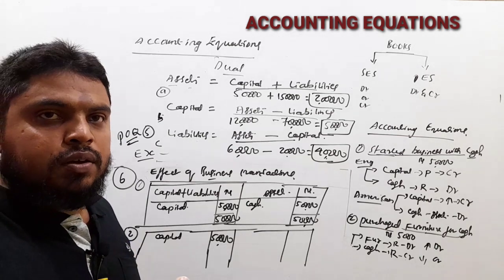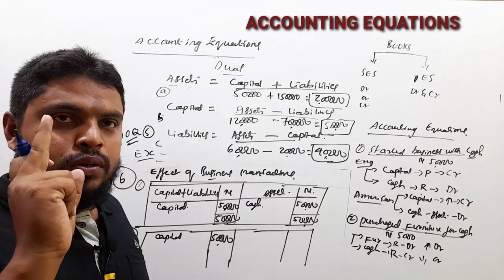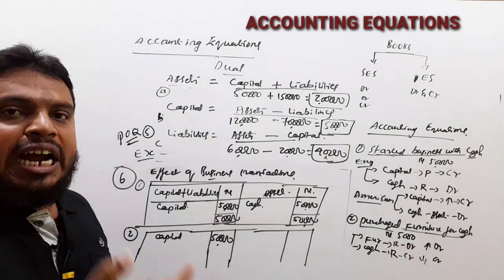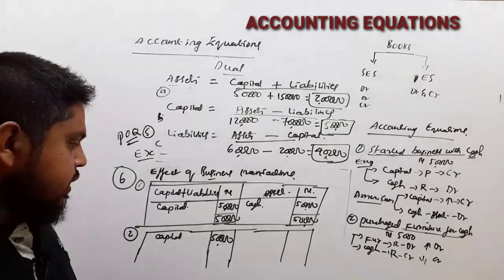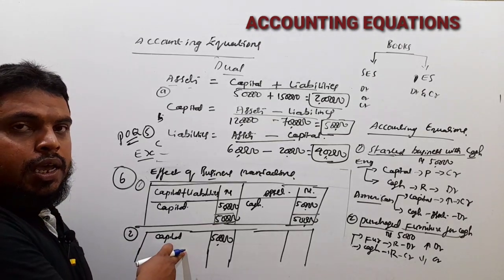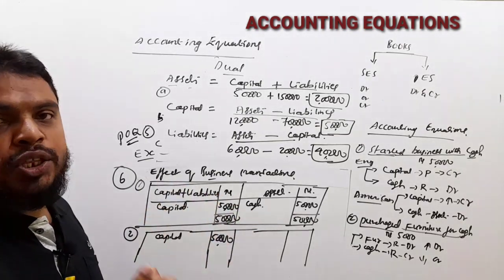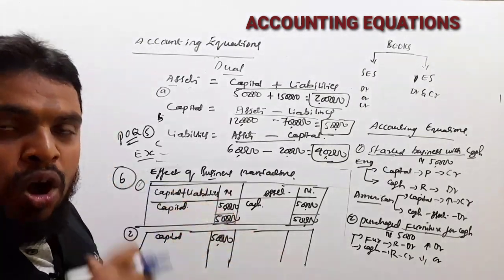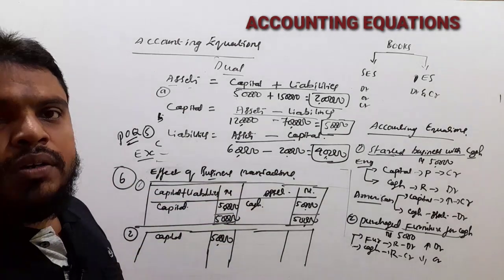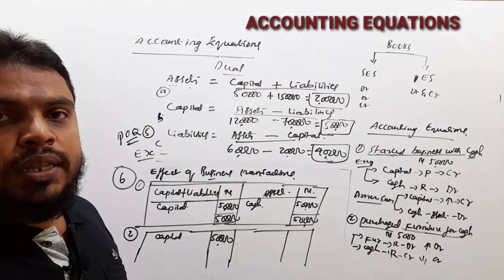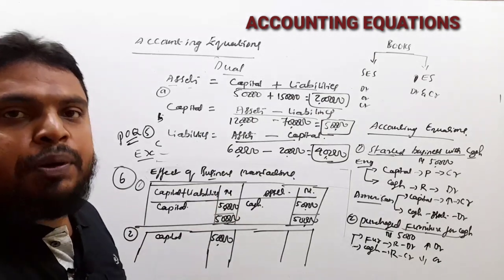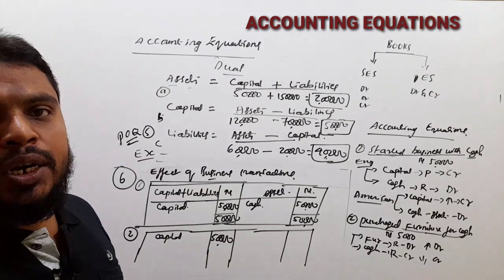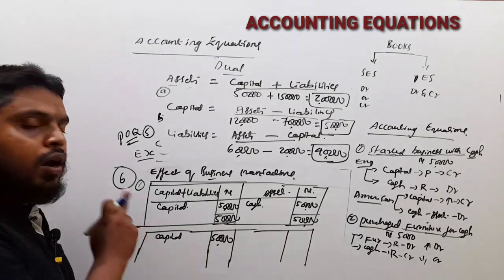Capital amount will be affected generally by two transactions. If the owner brought additional capital, at that time capital will increase. If capital is withdrawn by the owner, at that time capital will decrease. And even drawings, the withdrawals made by the owner, we are going to deduct from the capital amount. So brought additional capital and drawings, two things will affect capital here.